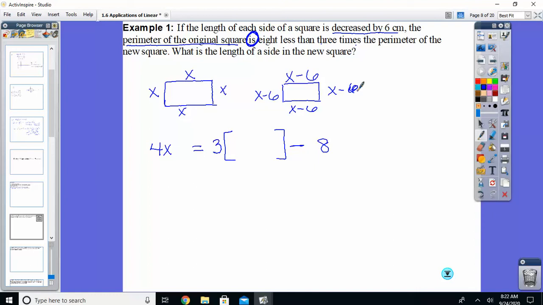That's kind of annoying. Or we could just take it times 4 because there are 4 sides. So I'm going to write 4 times x minus 6. That's the perimeter of the new square. Or if that confuses you, you could go out to the side and add all those up and get your perimeter. That's fine too. Let's stop right there. Any questions on how I got that equation, or have I lost you anywhere along the way?